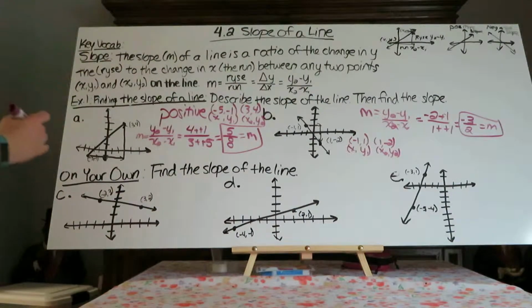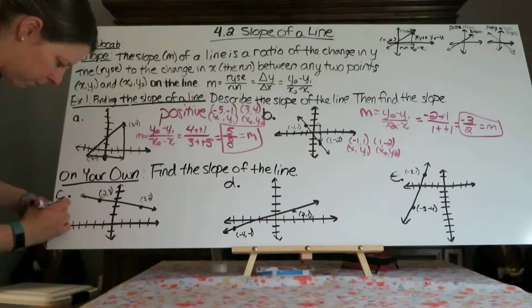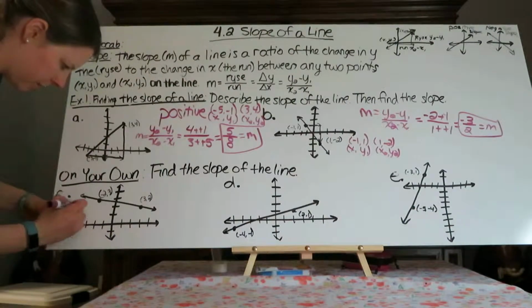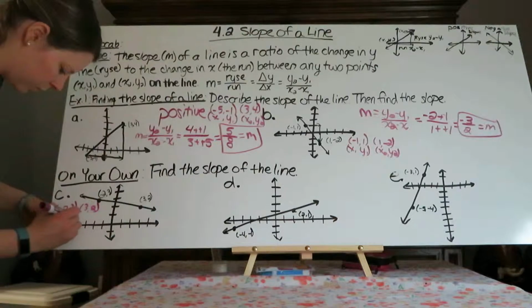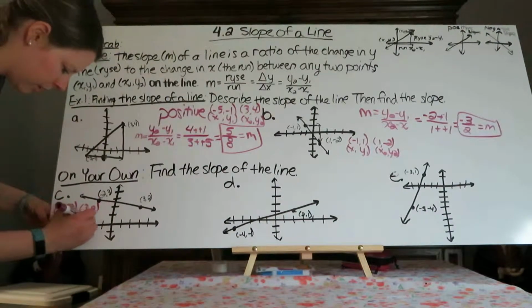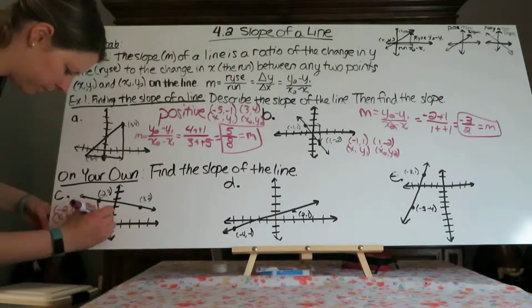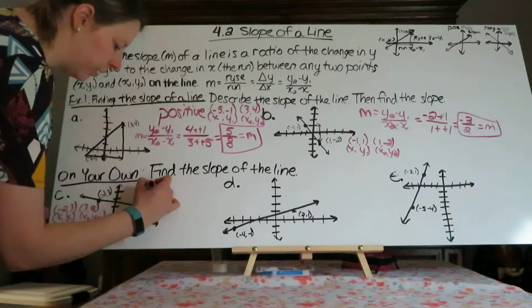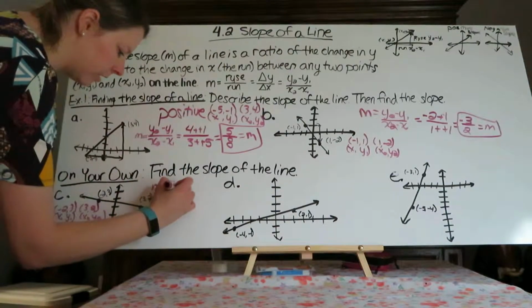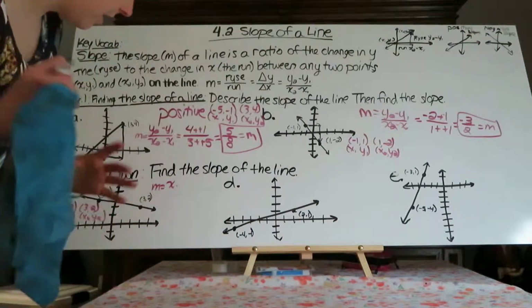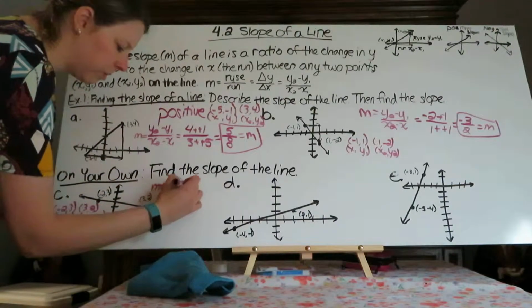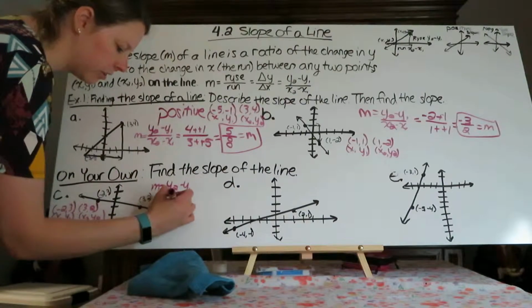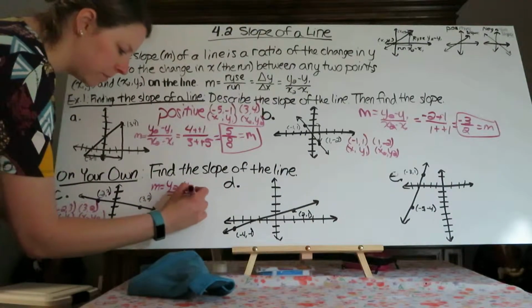Letter C. So I'm going to go over here, -2, 3, 3, 2, x1, y1, x2, y2. So slope equals, not x, the slope equals y2 minus y1 divided by x2 minus x1.